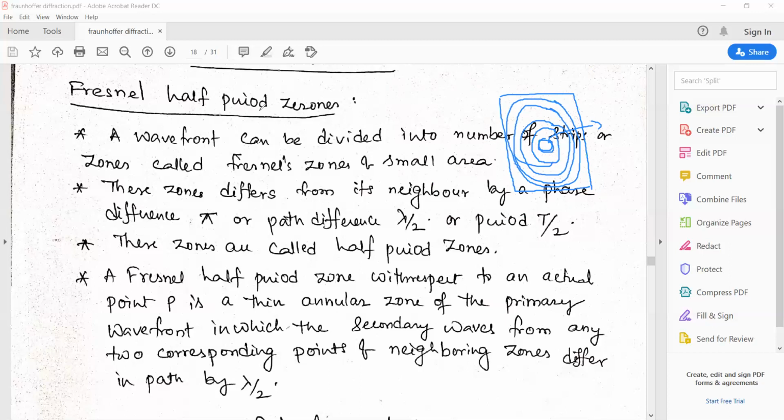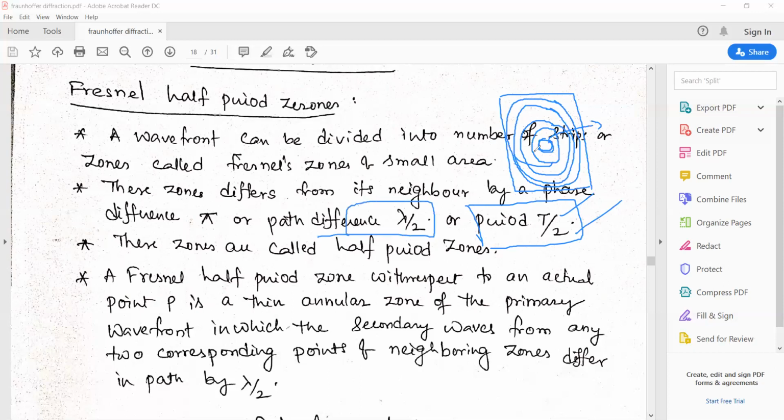Half-period means, the name itself tells you, period means time period T, half means T by 2. So if you consider the first zone and second zone, their time period difference is T by 2. If you take the second zone and third zone, the time period difference is T by 2. If there is a T by 2 difference, there will be a path difference lambda by 2.